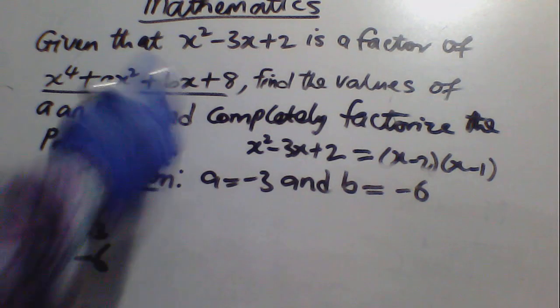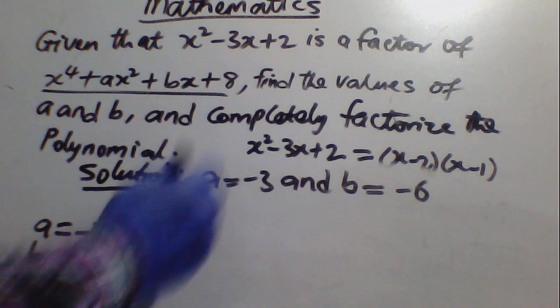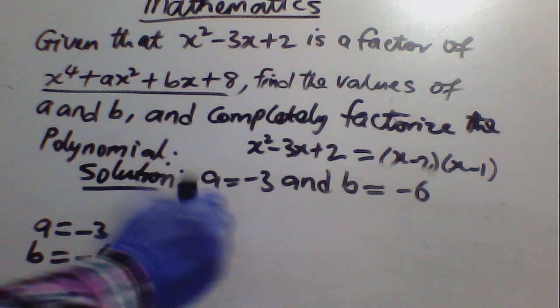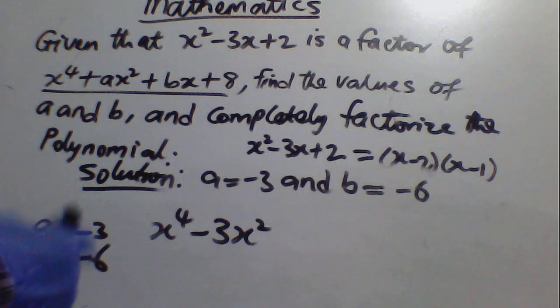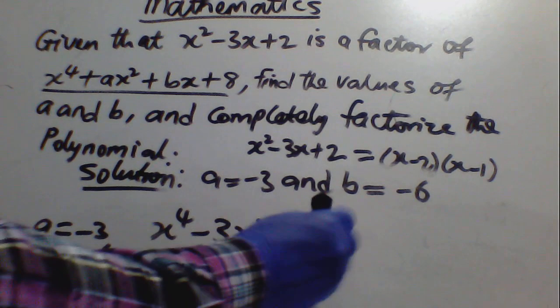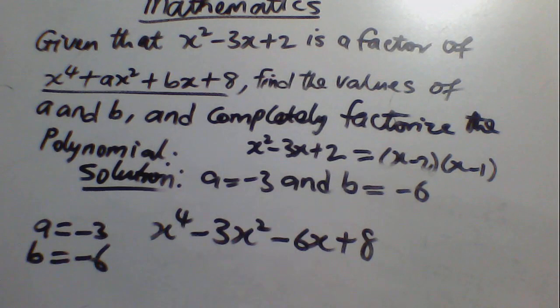So in this equation, wherever you see A and B, you put these values. So from here we have x raised to power 4, A is minus 3 x raised to power 2, B is minus 6x plus 8. So the expression is x raised to power 4 minus 3x squared minus 6x plus 8.